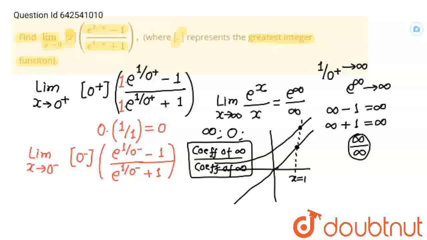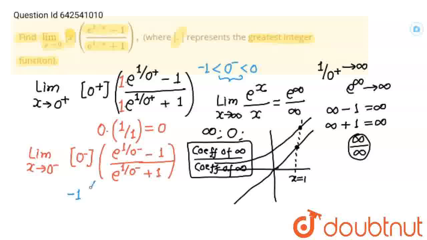See, 0 minus is little less than 0. It means that 0 minus is less than 0 and greater than minus 1. So greatest integer of this number will be minus 1. So this will become minus 1.